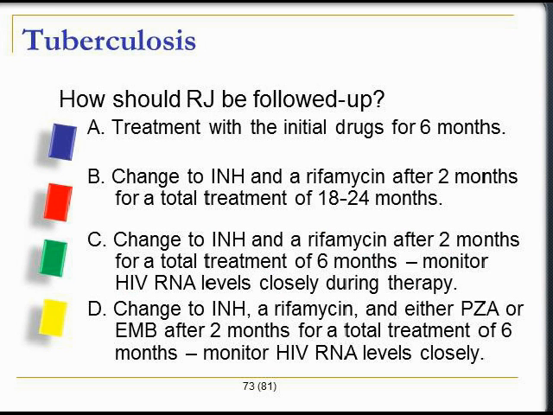Change to INH and rifamycin after 2 months for a total treatment of 6 months, monitor viral loads, or change to INH or rifamycin and either PZA or ethambutol, so stay on 3 drugs after 2 months for a total of 6 months. So the correct answer is C. It's the same thing, 4 drugs for 2, 2 drugs for 4. You just have to change that rifampin to rifabutin.